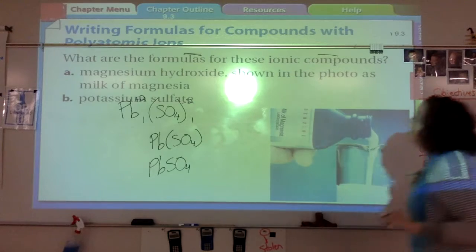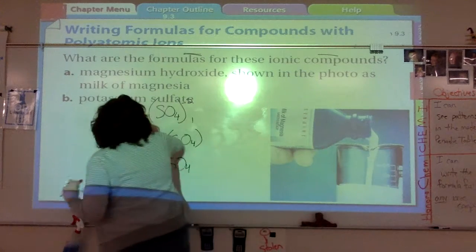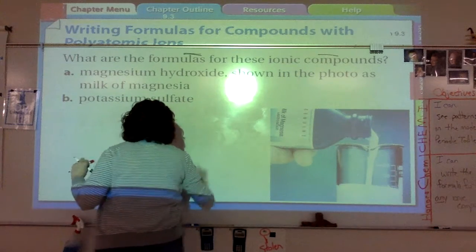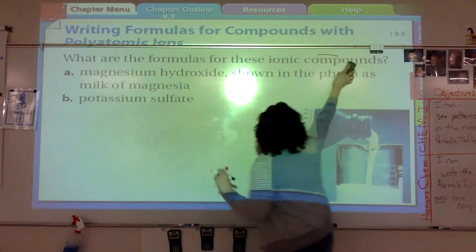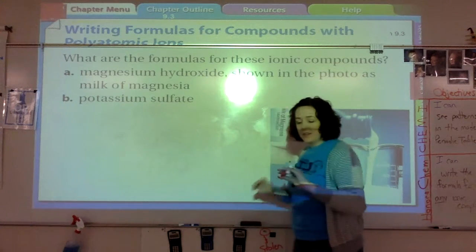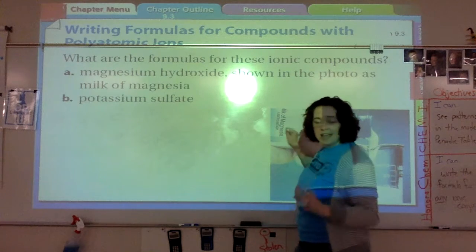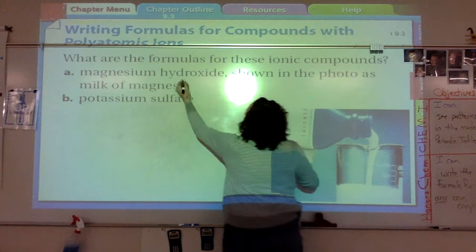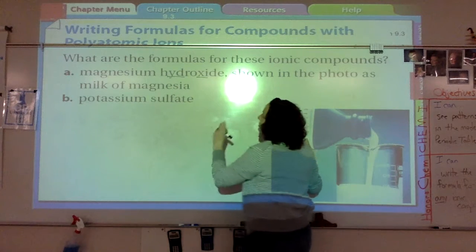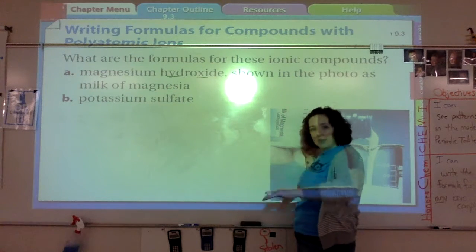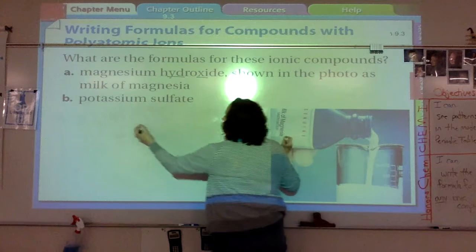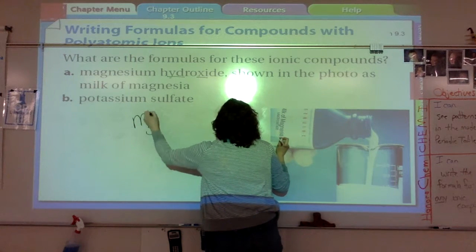Okay, 2 more. What is the formula for magnesium hydroxide? Okay, hydroxide is one of our polyatomics that does not end in ate or ite, but it sounds like 2 elements. So hydroxide is hydrogen and oxygen together. So let's start with magnesium. It's a +2.